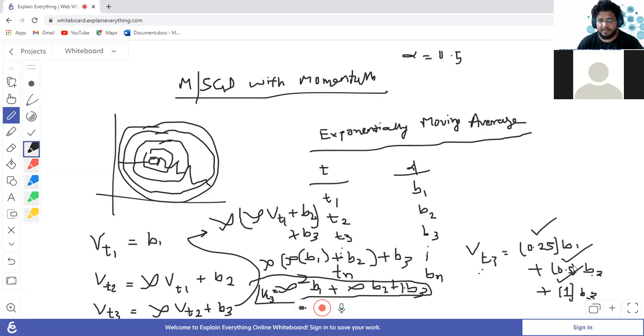So to calculate t3, I need some dotted line from b2, some dashed line from b1, and a straight line from b3.